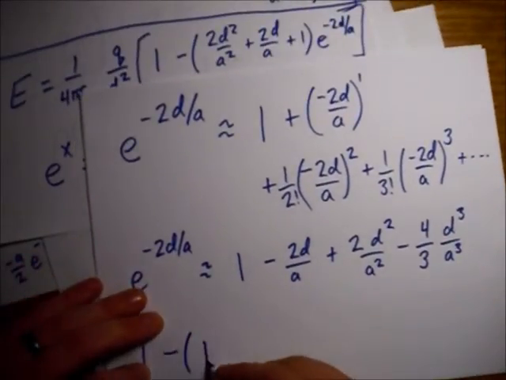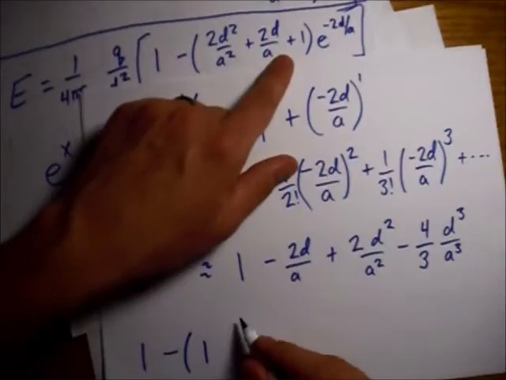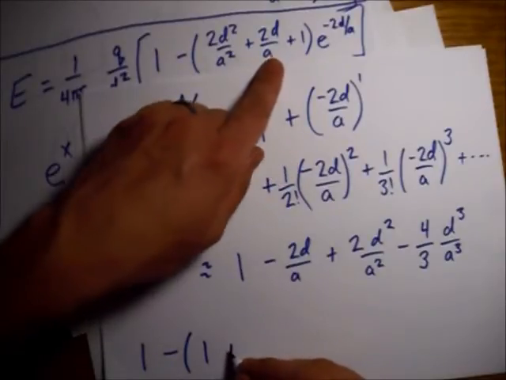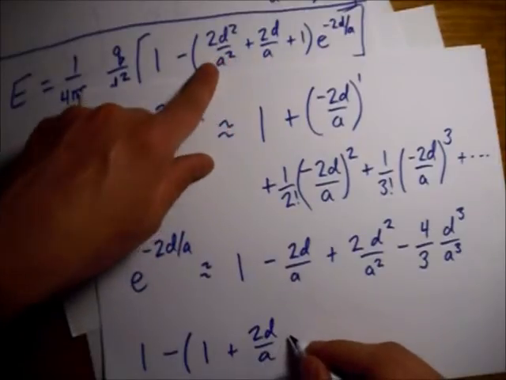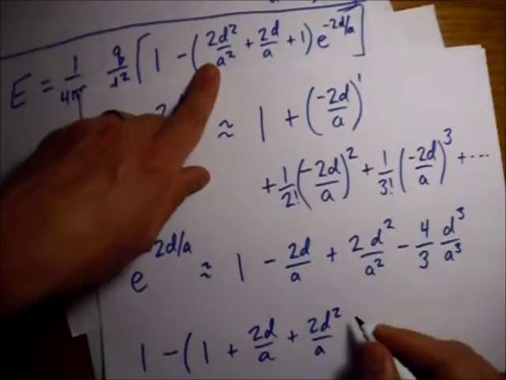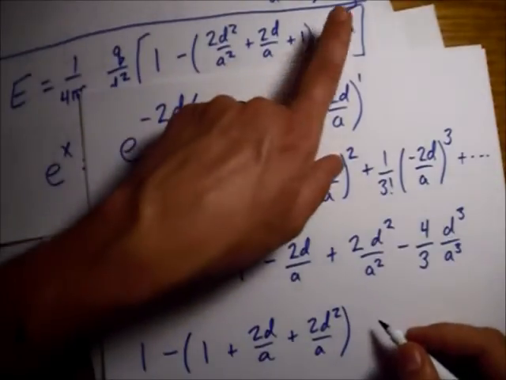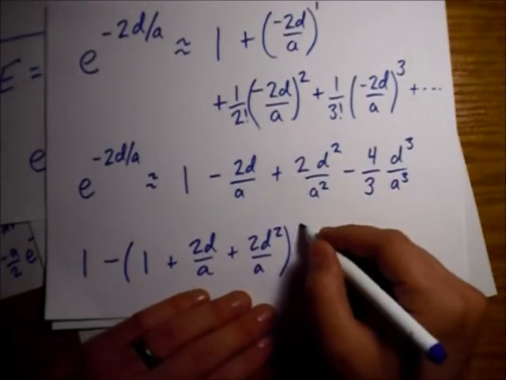I'm going to reverse the order just to make things easier to multiply out. 1 plus 2d over a plus 2d squared over a. And then this part is multiplied by our exponential, which we are approximating by this.